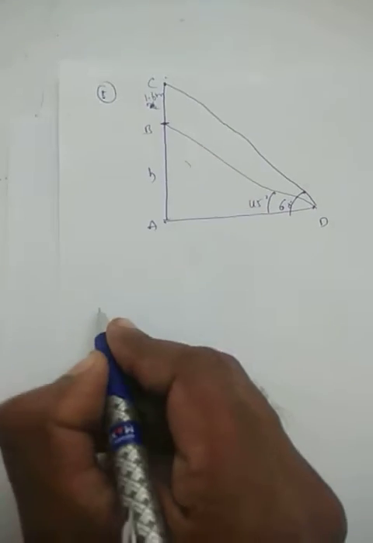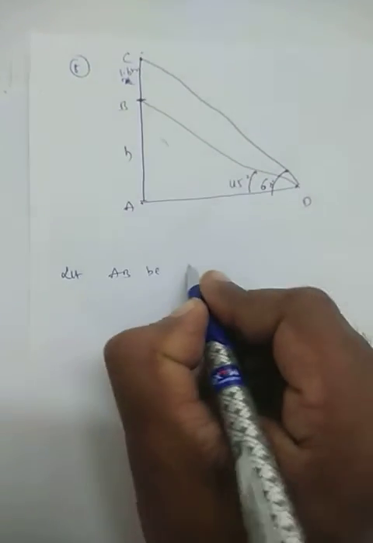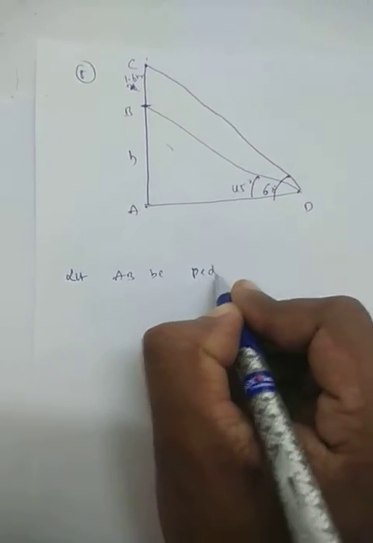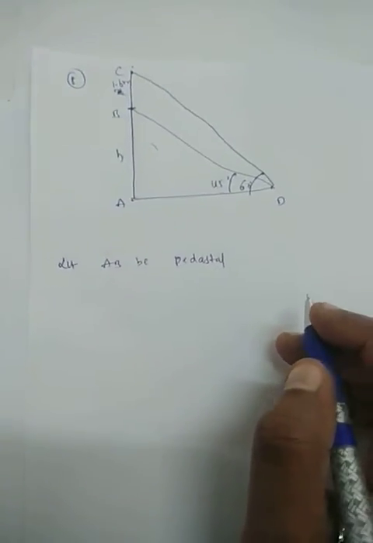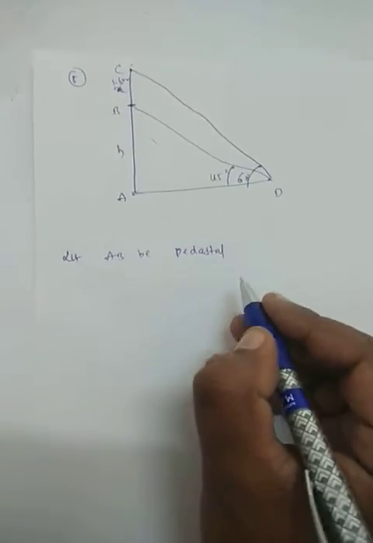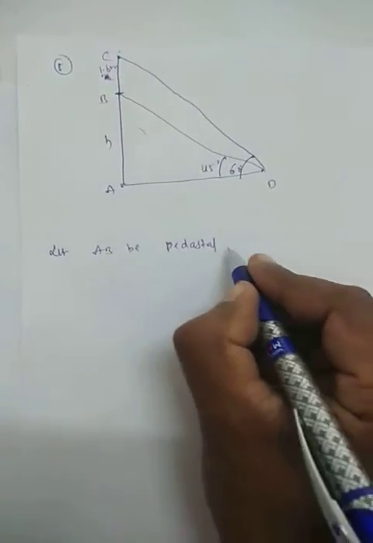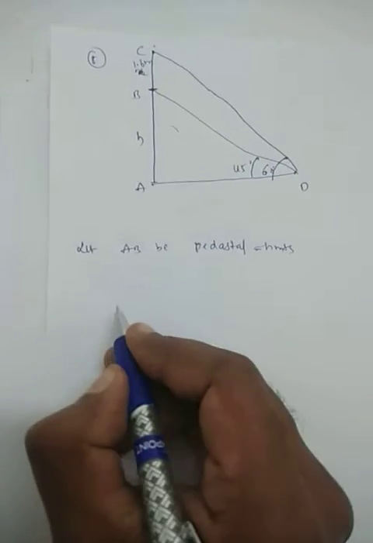Then what can we write? Let AB be the pedestal, a base constructed to keep the statue, equal to some h meters. This is my assumption. We need to find the value of h now.